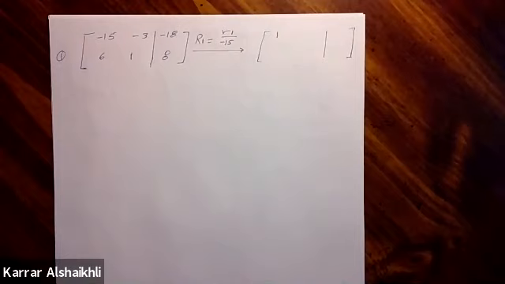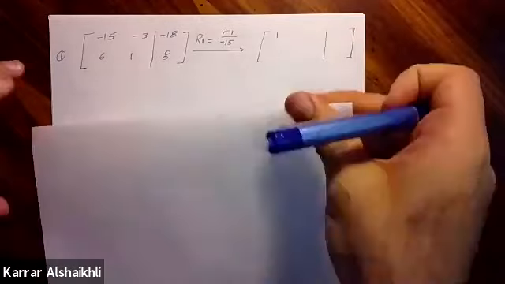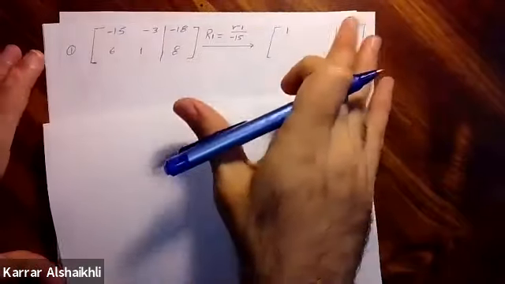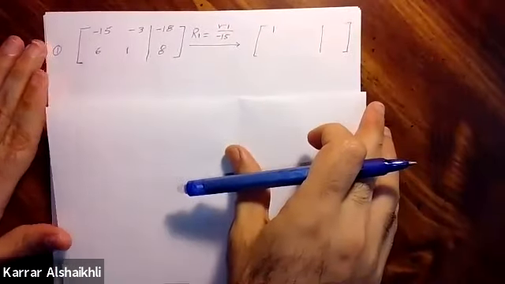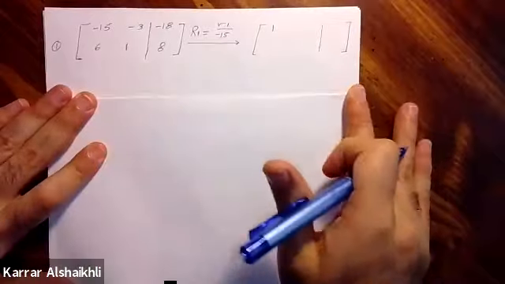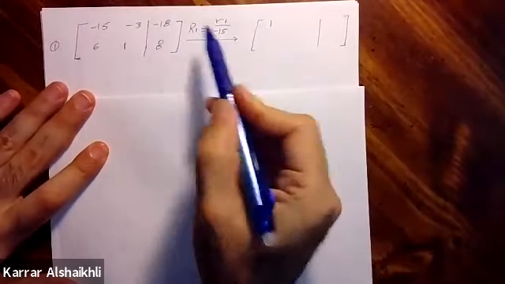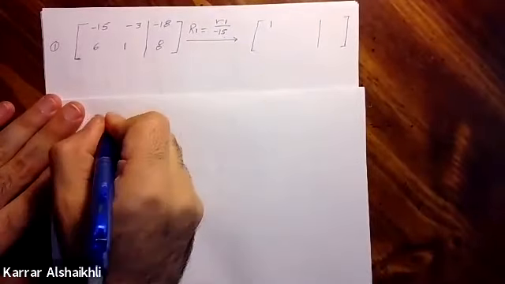I need to do the steps one by one, because when you're using the calculator, it's going to be decimal, and we don't want to work with decimals. -3 divided by -15.